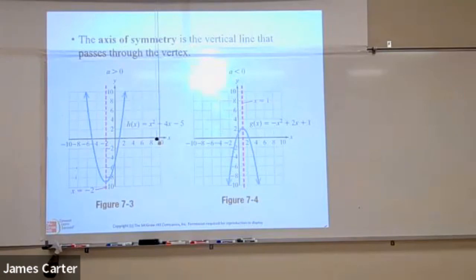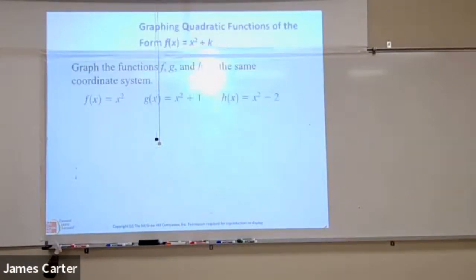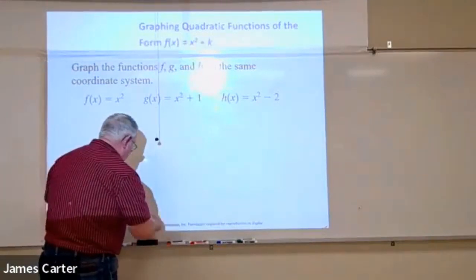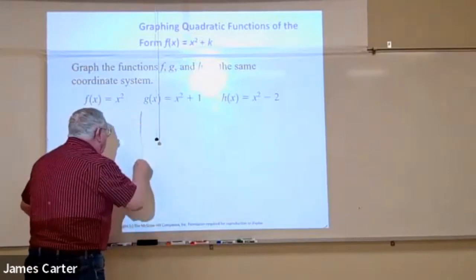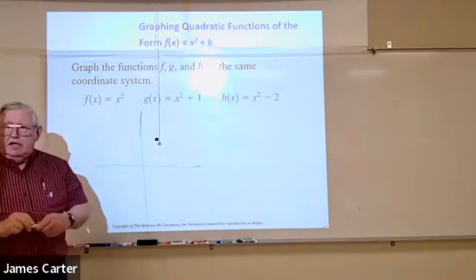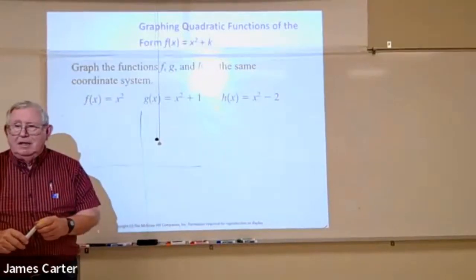Okay, here it talks about axis of symmetry, passes through the vertex. Okay, graph these functions f, g, and h on the same coordinate system. Okay, I don't remember whether I've taught you about this one. Have I taught you about transformations, how you slide left, right, up, down?